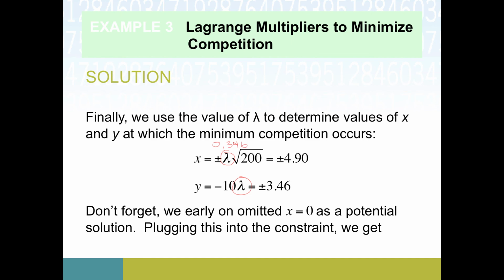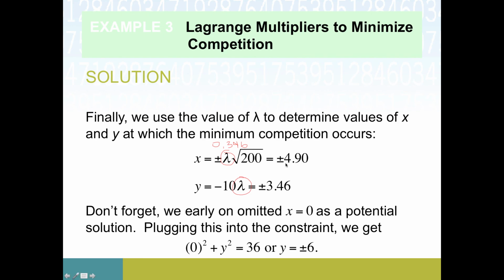There's no particular reason to believe that not going east or west at all from the center, just going north or south to the top or bottom of the salesman's little circle of restricted path, couldn't be locations where competition could get minimized either. So we've got to consider that as well. So once we know that x equals 0, we can get constraint values of plus or minus 6.